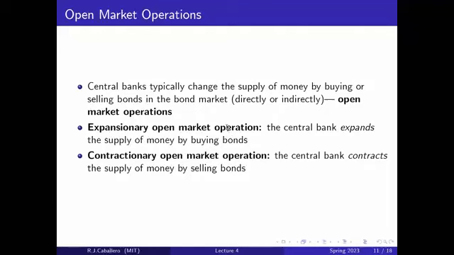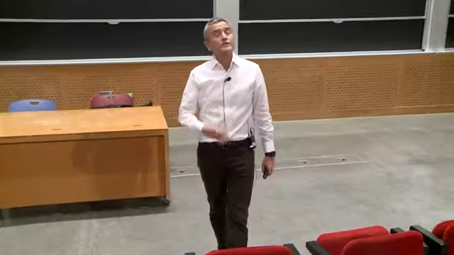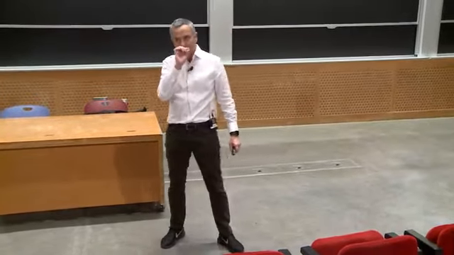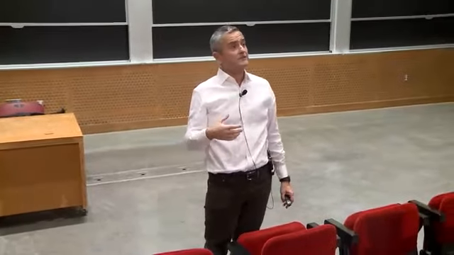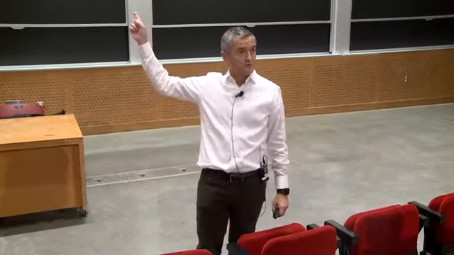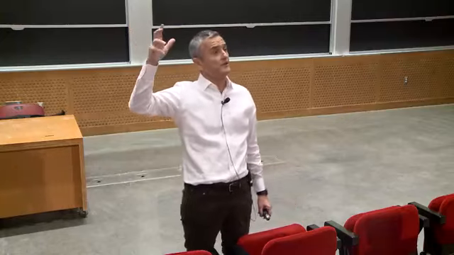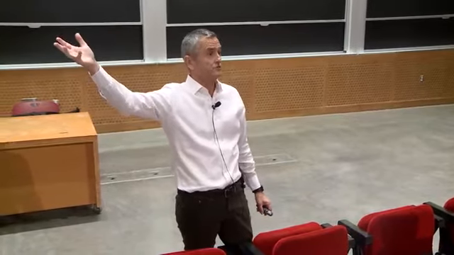A contractionary open market operation is the opposite. It's the central bank goes out there and sells bonds to the market and takes the cash back. Okay? That's a contractionary monetary policy. So when the Fed wants to cut interest rates, what the Fed does is an expansionary monetary policy, which means it goes out there and buys bonds from the market and gives cash to the market.